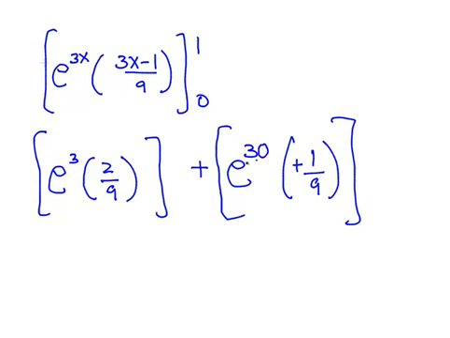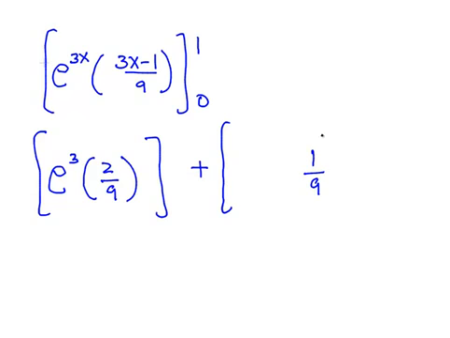Anything to the power of 0, e to the power of 0, is just 1. So we have 1 times 1 over 9, so on this side we have just simply 1/9 when we evaluate it for 0.